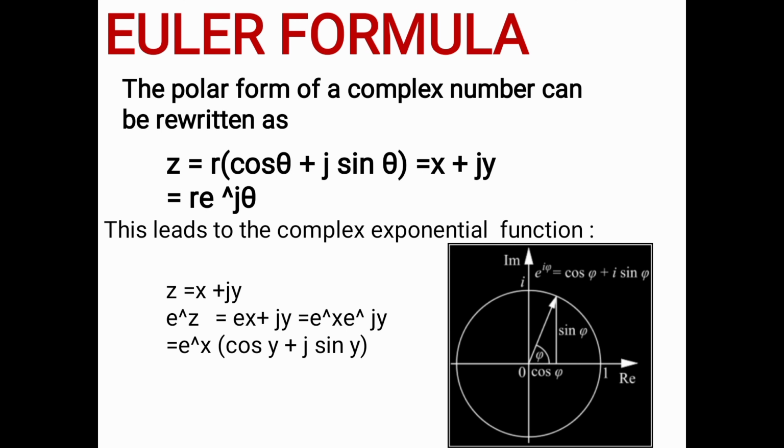Example, here it is given: z equals x plus iy, e to the power z, not multiplication, e to the power z equals e to the power x plus jy. According to our mathematics, this is e to the power x into e to the power jy.